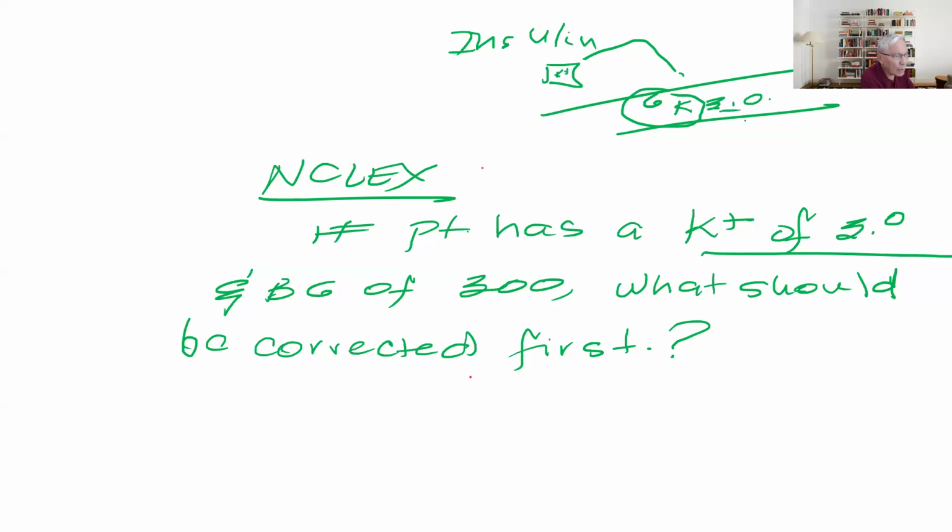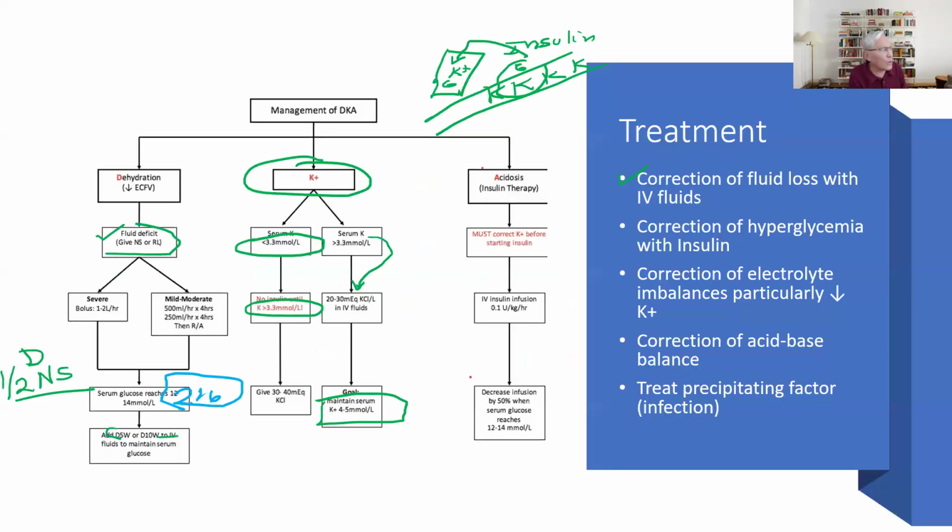What happens over here now? It will now become less. Go down. 2.0, and the patient will have a cardiac arrest as a result of an arrhythmia. Okay? So that is why it's important to understand that we treat the dehydration first and then the potassium next.